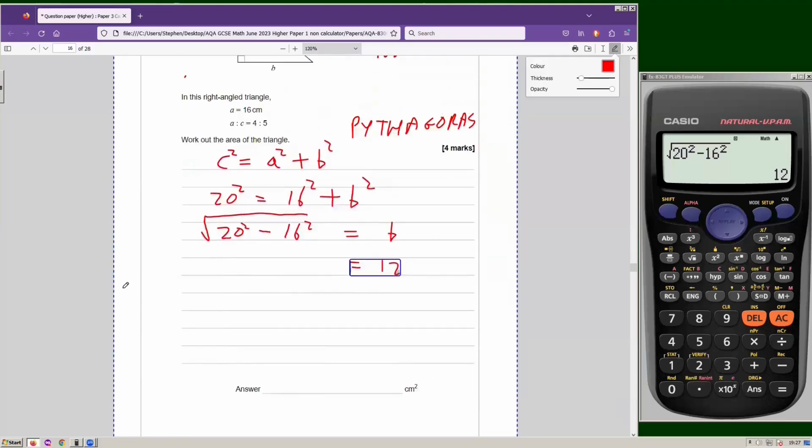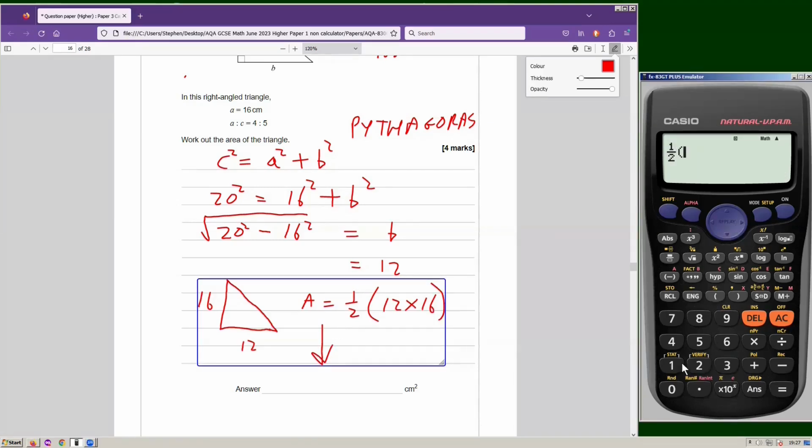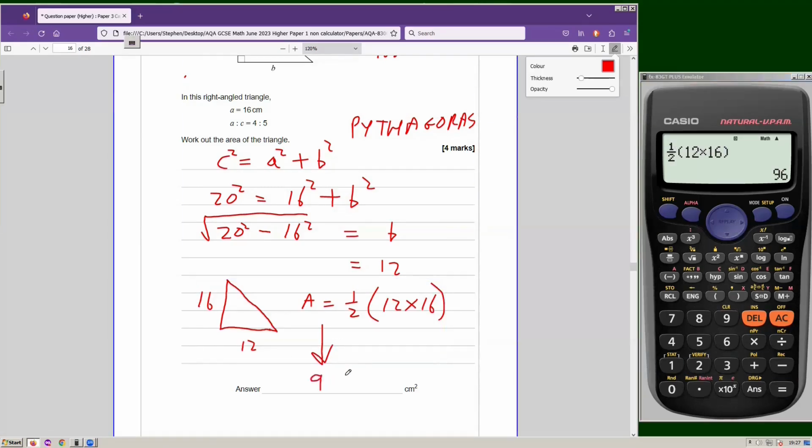Quickly redraw it, 12, 16, area equals the half, base times the height, and put our answer straight in there.